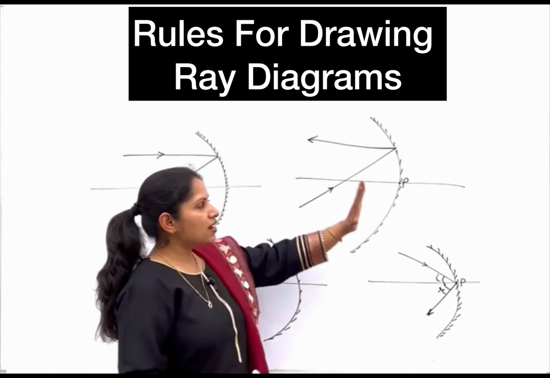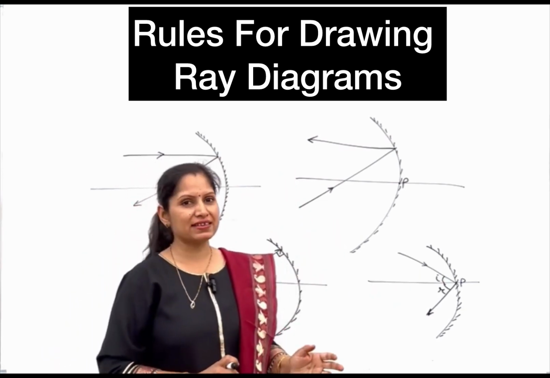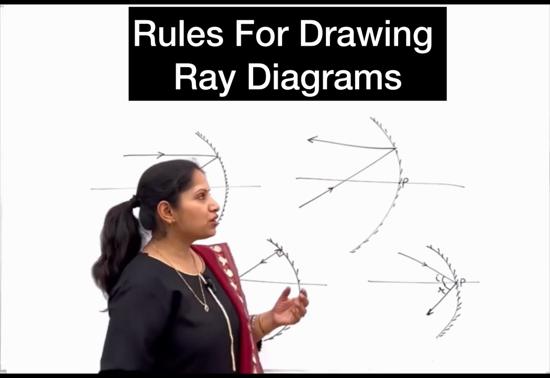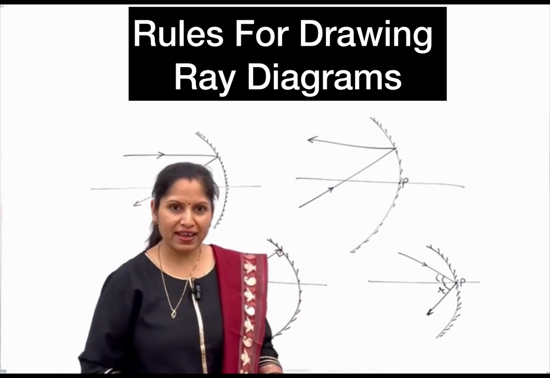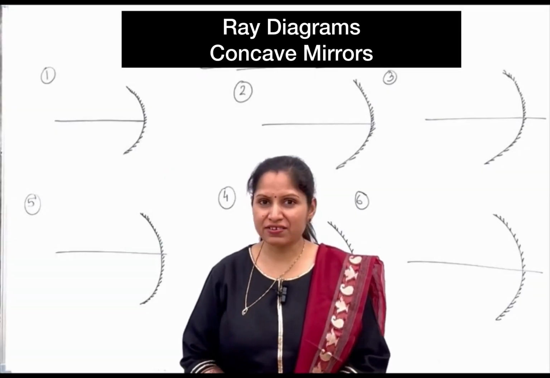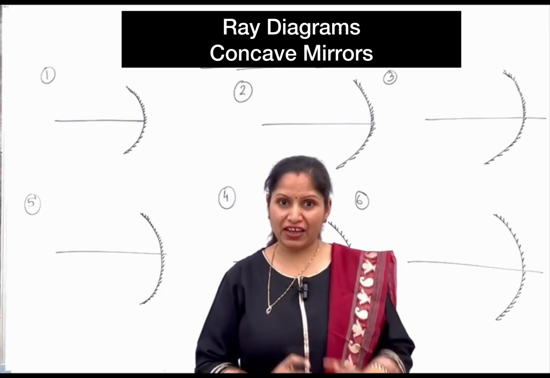Okay. तो these are the rules to draw the ray diagrams. Just ये अच्छे से rules memorize कर लीजिए and you will be easily able to draw the ray diagrams. So now let's start to draw the ray diagrams for concave mirrors. Now let's draw the ray diagrams for different positions of objects in front of a concave mirror.